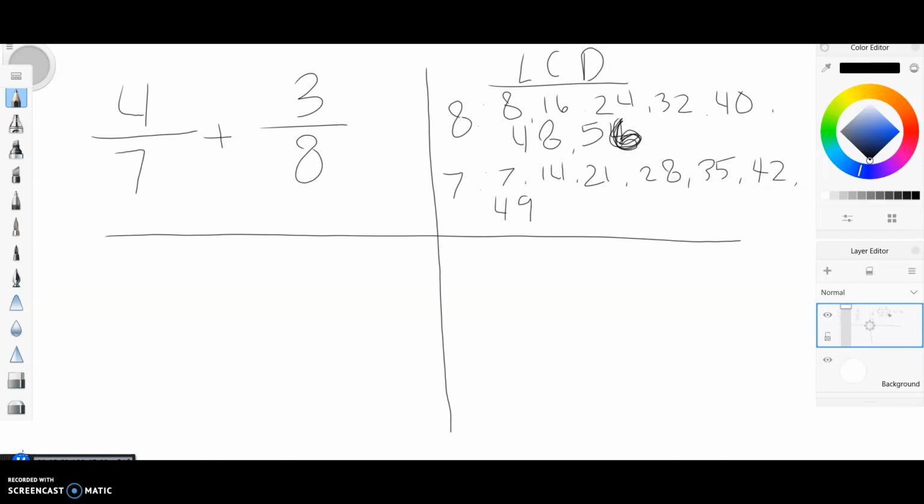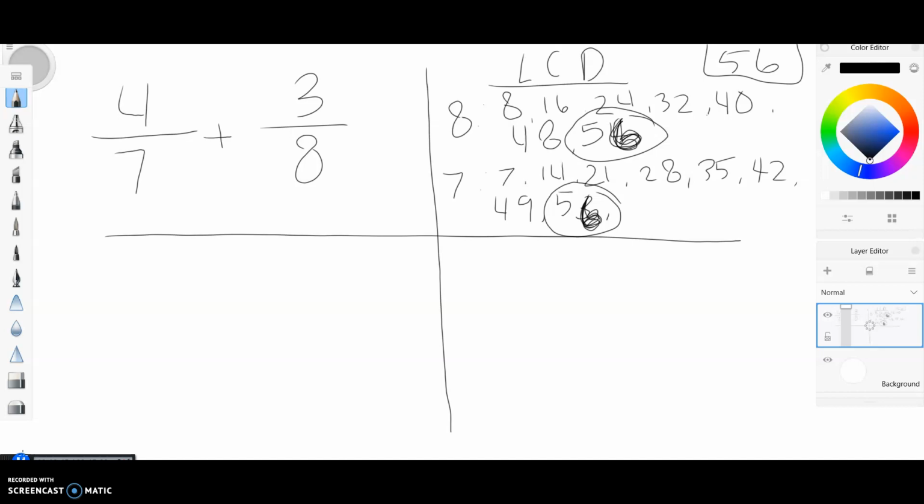Do you see anything in common yet? Not yet, so let's keep going. 49, 56. Looks like we stopped one short of getting the same number, right? Because we had 56 here and 56 here. And I almost messed both of those up. So, just like that, 56 is our least common denominator.